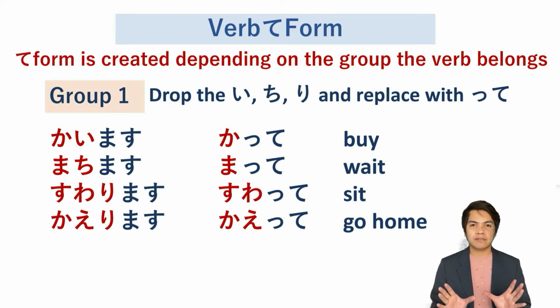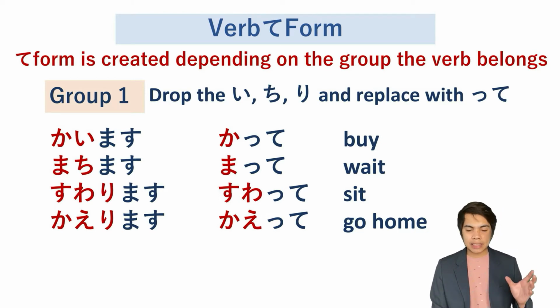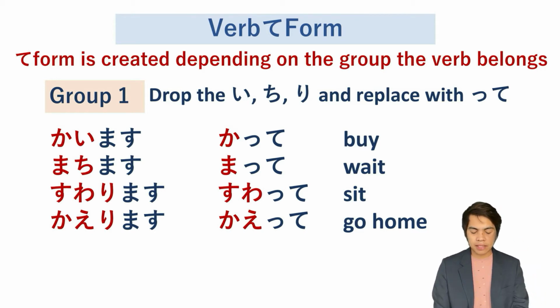Now, let's learn how to conjugate verbs, or transform verbs, into their te form. First, let's start from the group 1 verbs. For the group 1 verbs, if the last character is i, chi, or ri, we replace the i, chi, and ri with small tsu, then te. For example, the verb kaimasu means to buy.